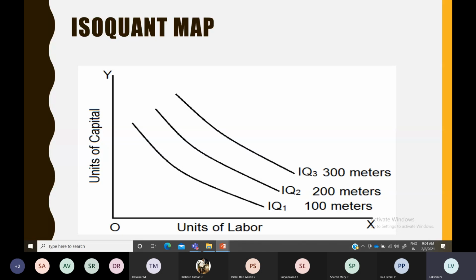Whereas in the isoquant curve, he is going to use two factors only, labor and capital, two factor inputs, and here you find out how you are going to achieve the same level of output. So this is the basic difference between the two.